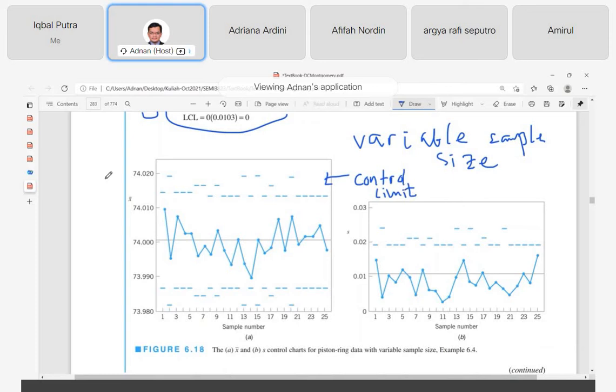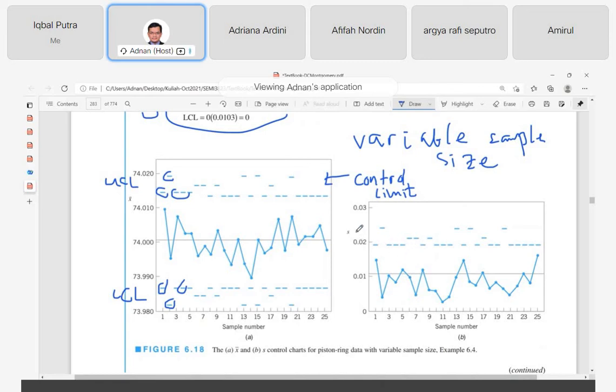So this is the upper control limit. This is the lower control limit. So you see that every sample here has its own control limit. Same thing also here.